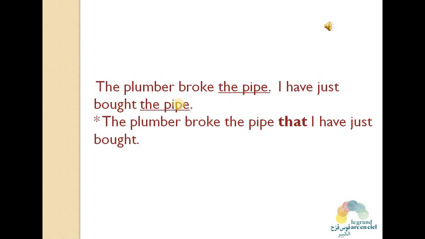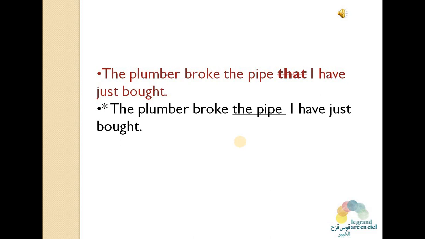The plumber broke the pipe. I have just bought the pipe. So here again you could combine the two sentences because we have the pipe in common. You can say the plumber broke the pipe which I have just bought, or the plumber broke the pipe that I have just bought. That can replace who and which.